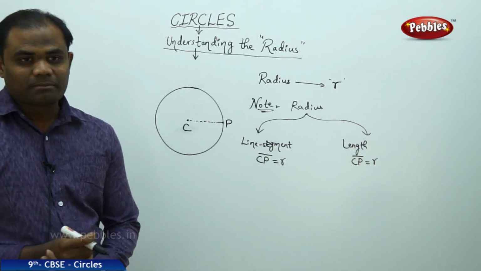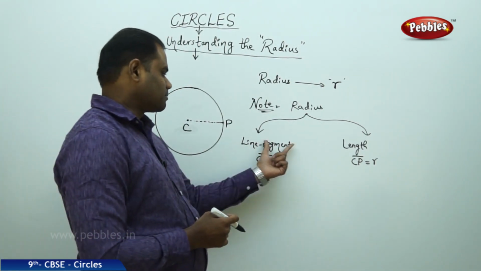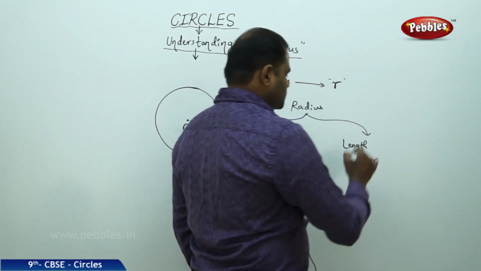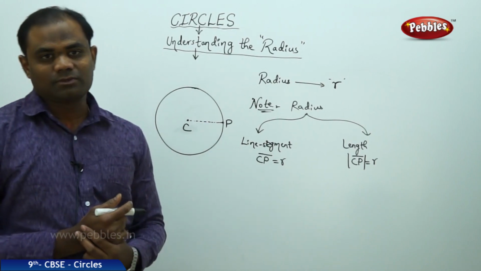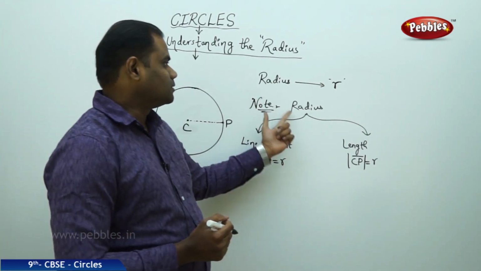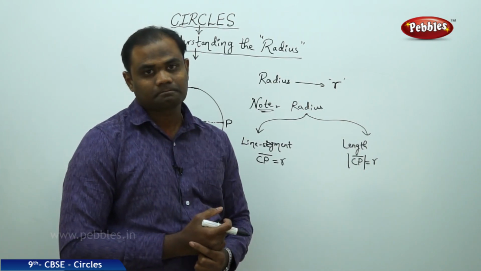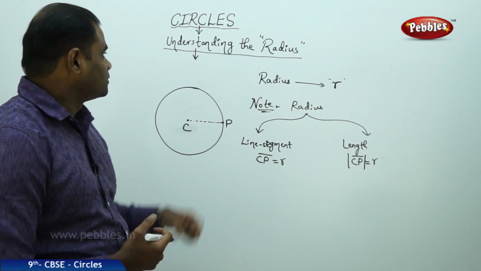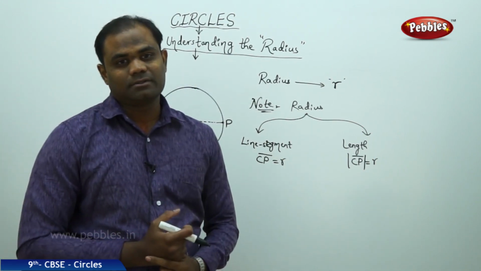So the two ways of representing radius: one is through the line segment CP, which is r, and one is through the length, which is mod CP, equal to r. But both mean the same, and radius is generally denoted by r.